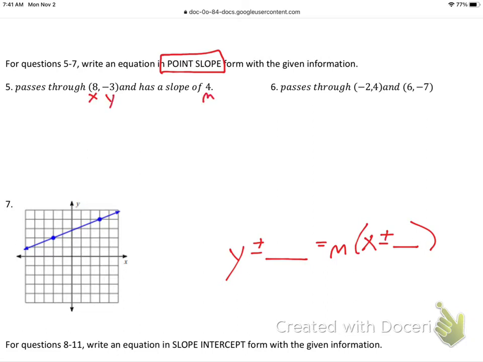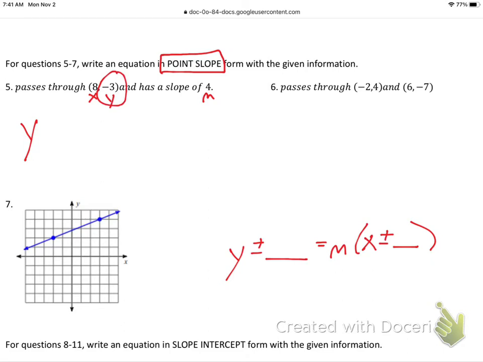So if I plug these in here, all we're doing is plugging things in. For number 5, it'd be y, and then the plus or minus just means whatever is the opposite of up here.